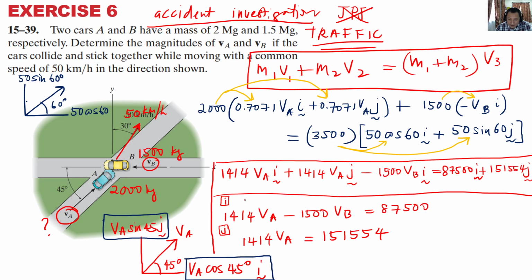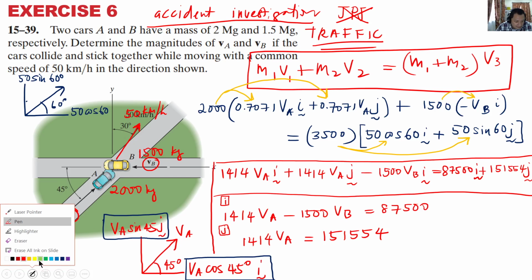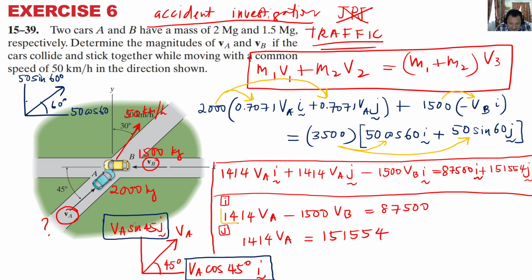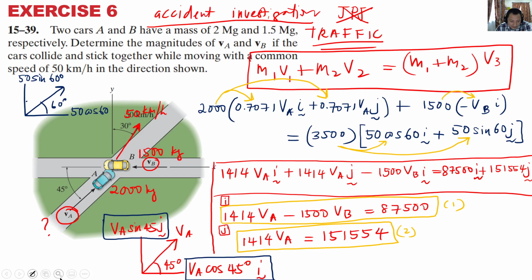That's it. If you look at j, you have to remove j, then you can equate. This is equation number 1, and we can solve this one, equation number 2. So VA equals 151,554 divided by 1414.